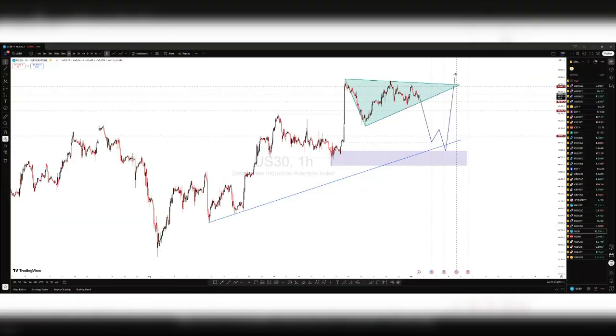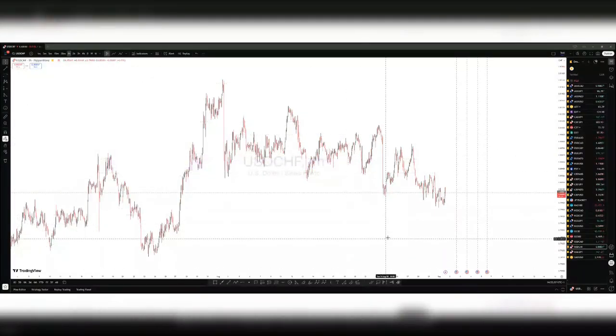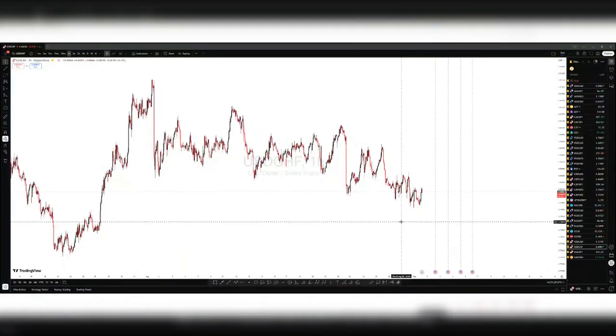So if the DXY is bullish, and we trade, say, USD Swiss franc, does that mean if DXY is bullish, that's the stronger bias in it, that we trade bearish or bullish? Bearish.